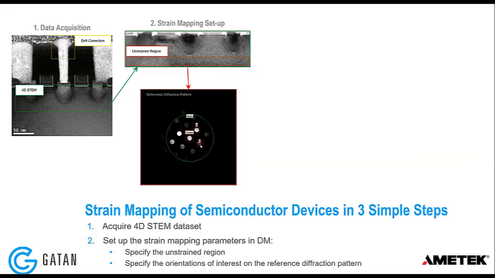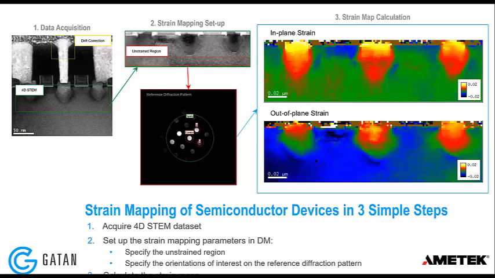And the distance between reflections in the diffraction pattern is inverse to the d-spacing of the crystalline planes. And if the d-spacing has changed, it means that you have strain. So that is how you measure the strain in your sample.